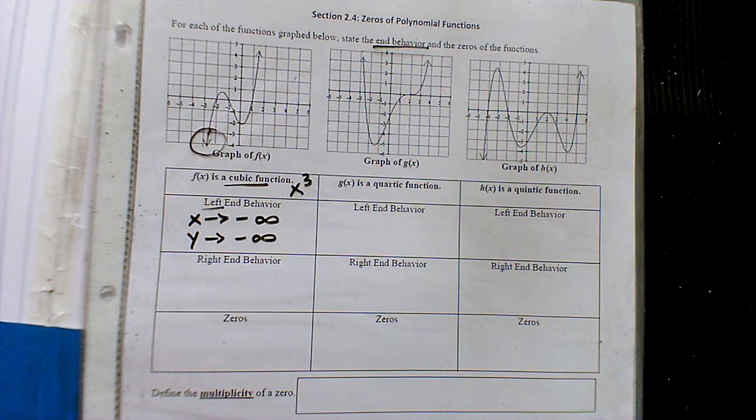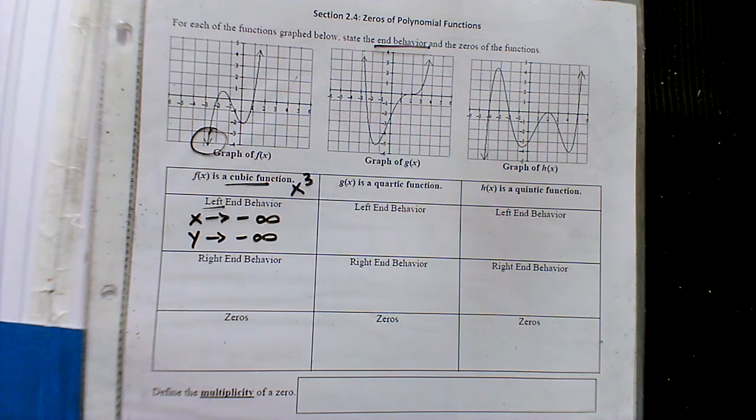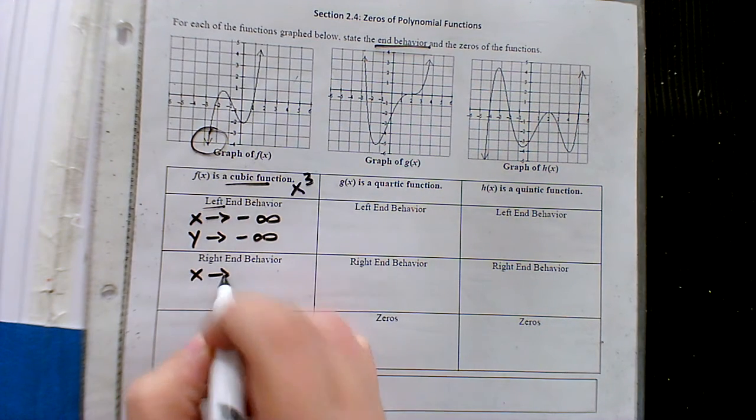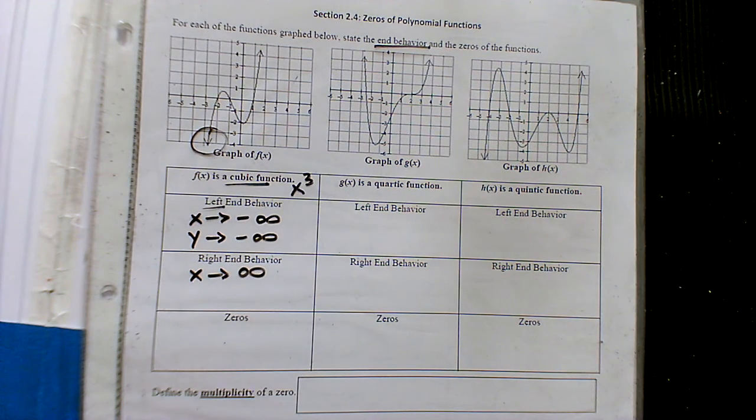So whenever you're describing end behavior, you need to have two comparisons. What are the x's doing? What are the y's doing? Same thing for right end behavior. If you go to the right side of a graph, what are the x's doing? Increasing forever, so positive infinity.